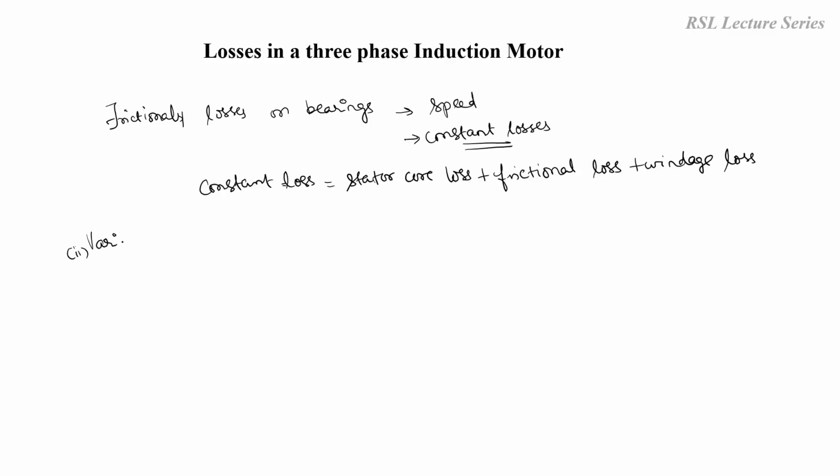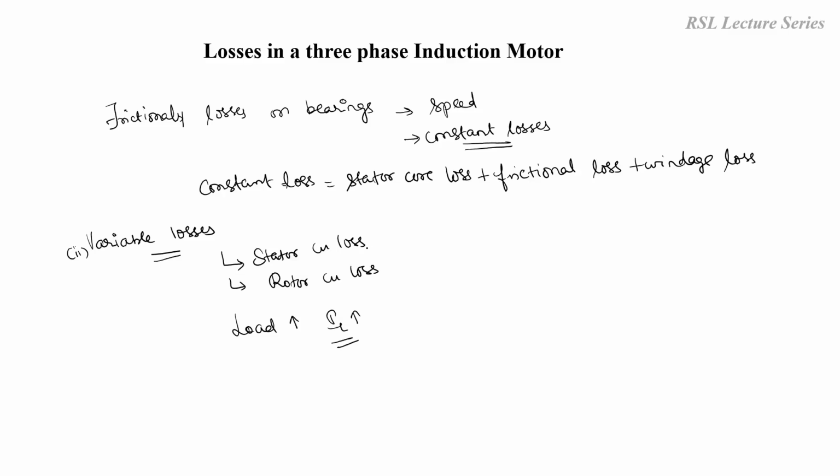The second type of loss is the variable losses. The variable losses comprise the stator copper loss as well as the rotor copper loss. As the load varies, for example if the load is increased, the current drawn from the supply also increases.